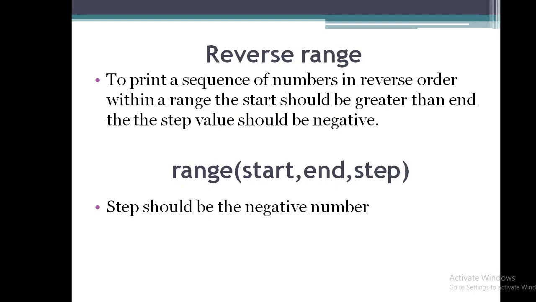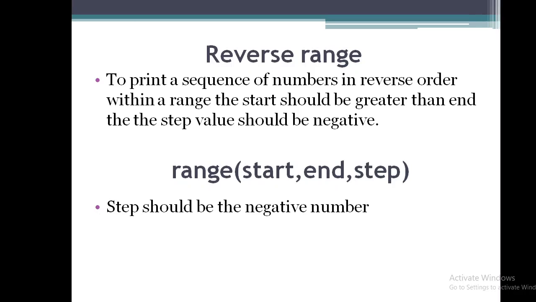So what is actually required is that the start should be greater than the end, and the step value should be negative. For example, if the first number is 10 and the last number is 1, and if you want to print all the numbers in descending order from 10 to 1, right? 10 minus 1, 9. 9 minus 1, 8. 8 minus 1, 7.